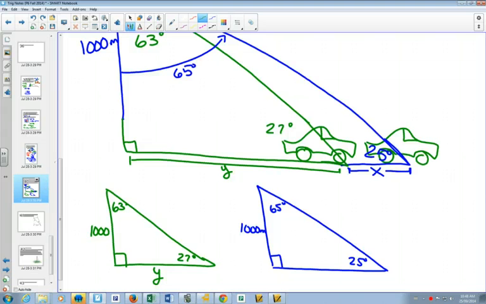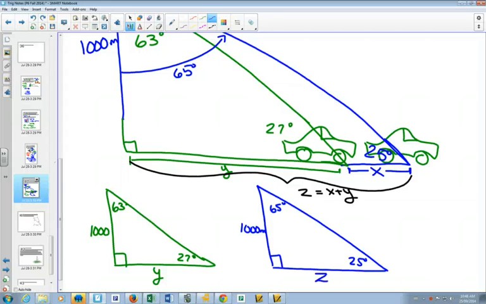In the blue triangle, these two combined, I could call that z, which is equal to x plus y, and that z would appear here on my blue triangle. Do we have enough information to find y on our green triangle? Yes. Do we have enough information to find z on our blue triangle? Yes. So if we can find y and we can find z, then we can find x.